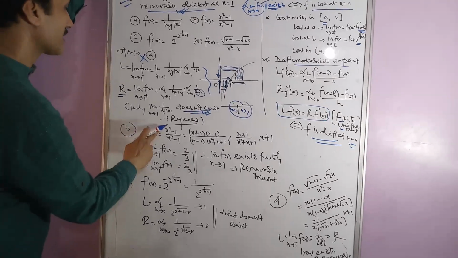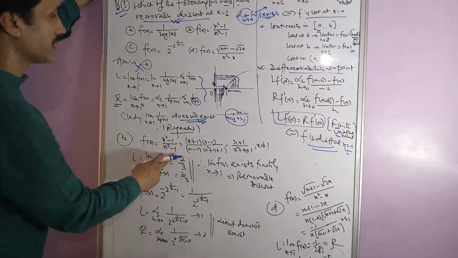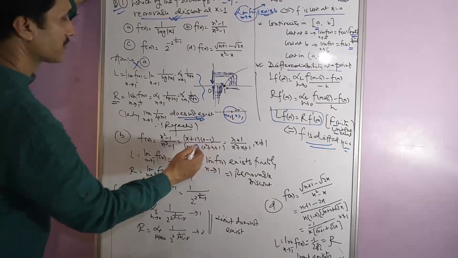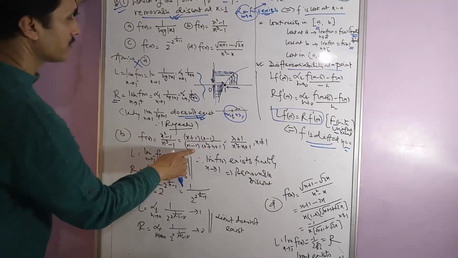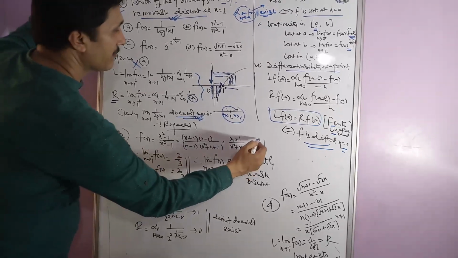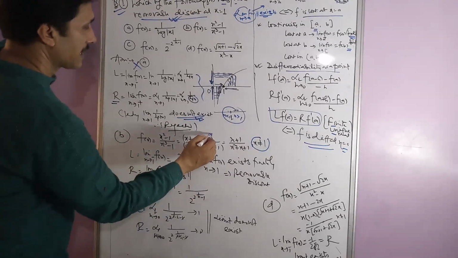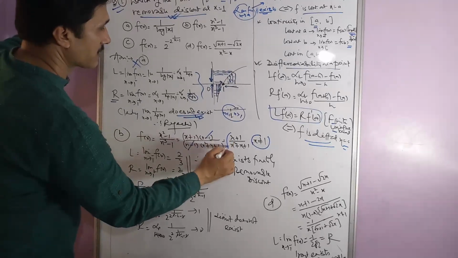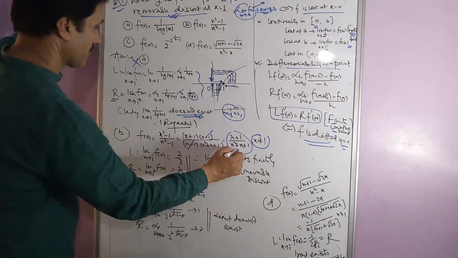Second, f(x) equals (x square minus 1) by (x cube minus 1), that is (x plus 1)(x minus 1) over (x minus 1)(x square plus x plus 1). If x is not equal to 1, cancelling the common factor, we get (x plus 1) upon (x square plus x plus 1).